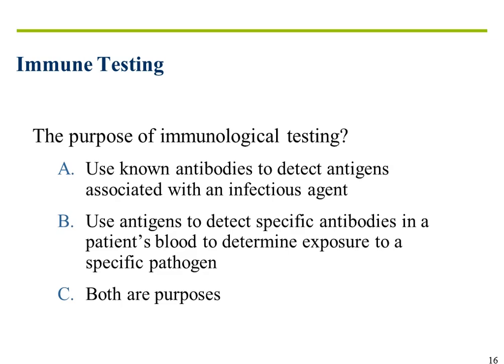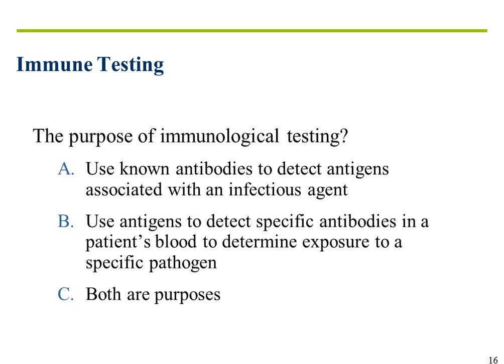Okay, purposes of immune testing. Is it to detect antigens of a particular infectious agent using known antibodies in your test kit? Or is it having a test kit that's got the antigen, a known antigen, and you're looking for the possibility of antibodies in the patient's blood to a particular pathogen or antigen?